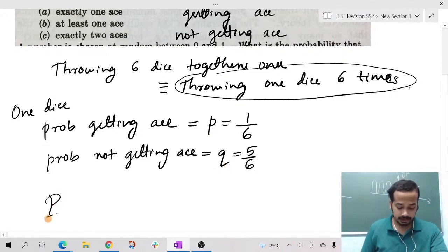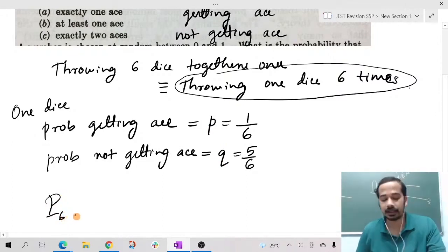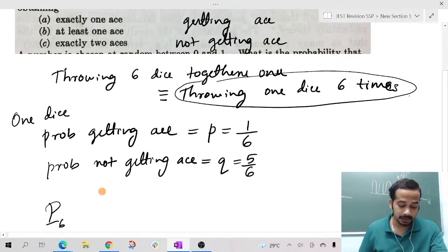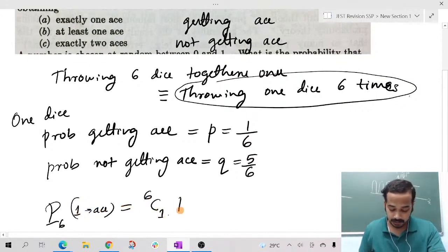Now after 6 throws, after 6 trials, what is the probability of getting exactly one ace? That's equal to 6C1, probability of success raised to 1, probability of failure raised to 6 minus 1.